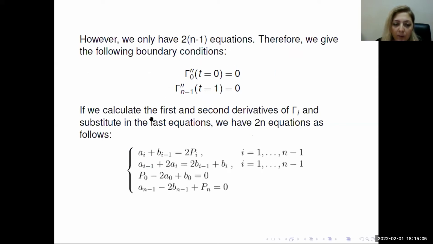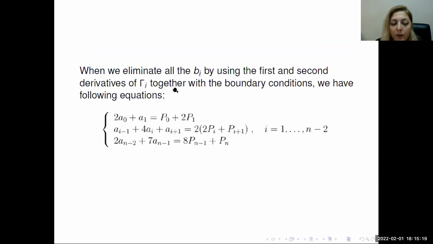And we calculate the first and second derivatives of gamma i and substitute in the last 2 equations. We have 2n equations as follows. When we eliminate all the B_i by using the first and second derivatives of gamma i, then the equations become this.